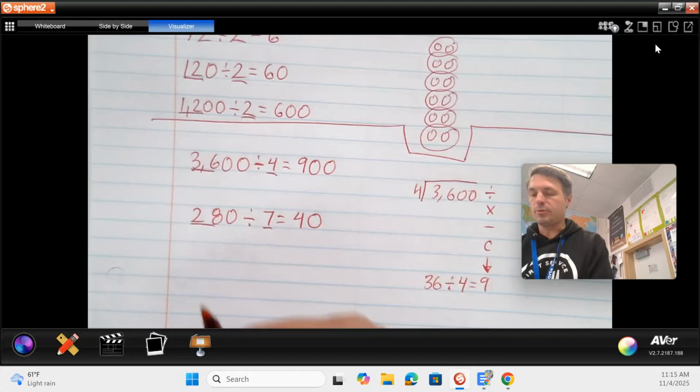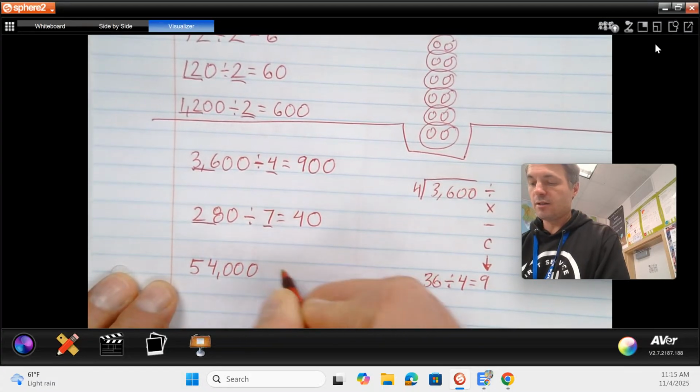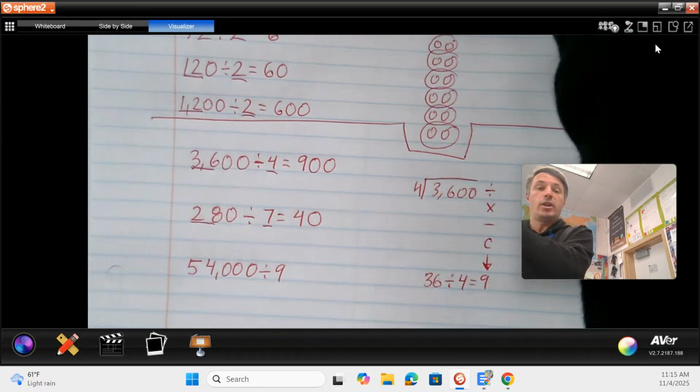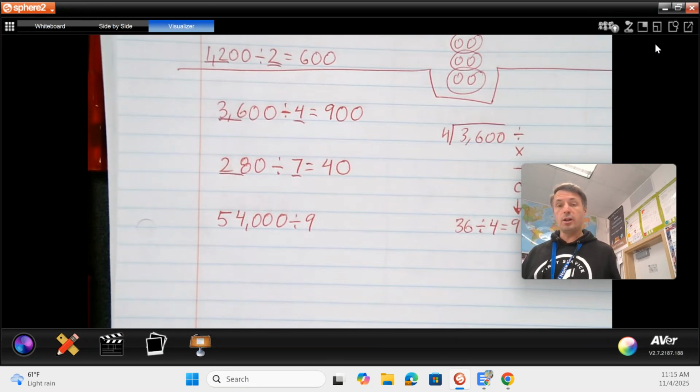Let's do another example. Let's say we have 54,000 divided by 9. Now that might seem like, wow, that's a big dividend, 54,000. How are we going to solve that? We'll have to do a really long division problem. No, you don't have to do a long division problem at all.